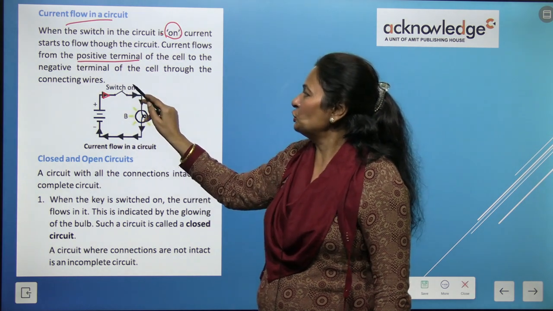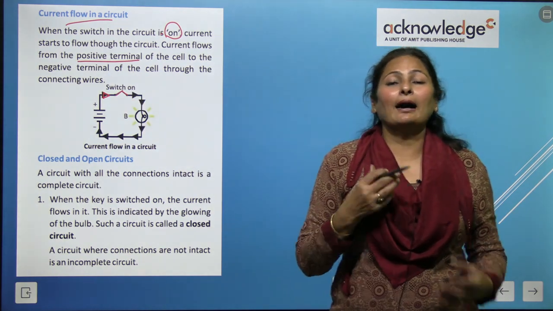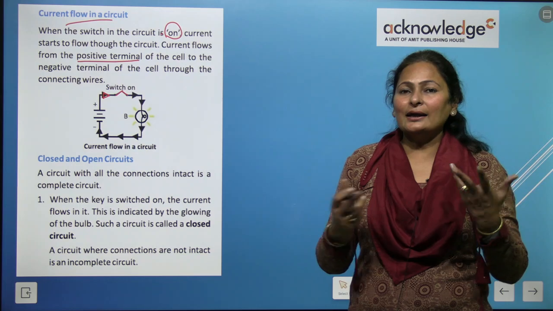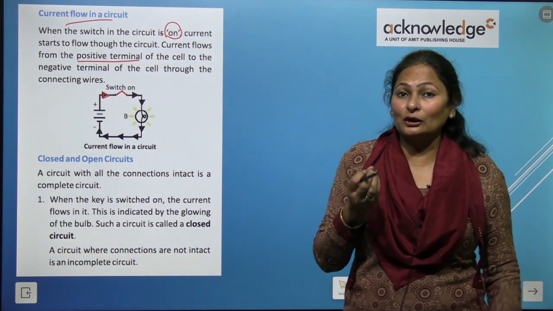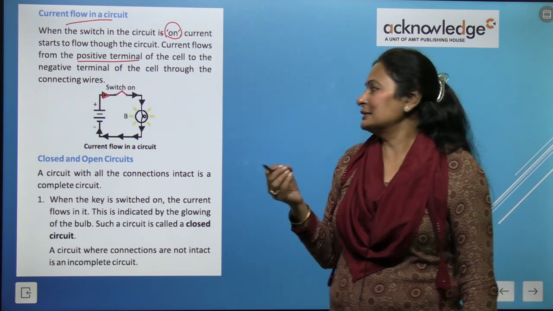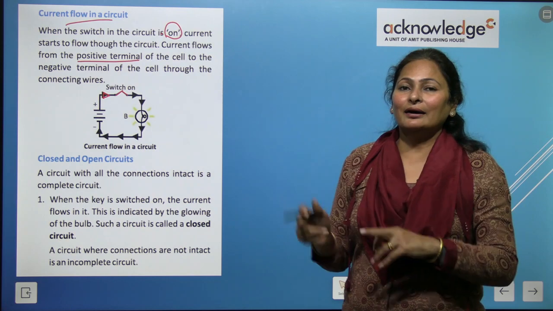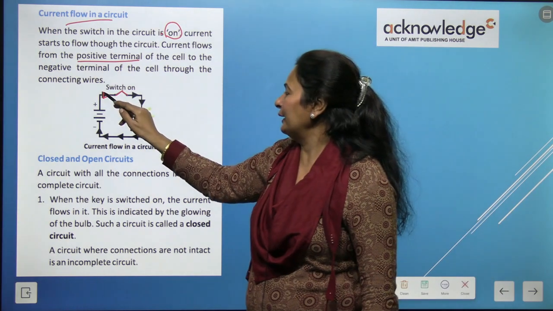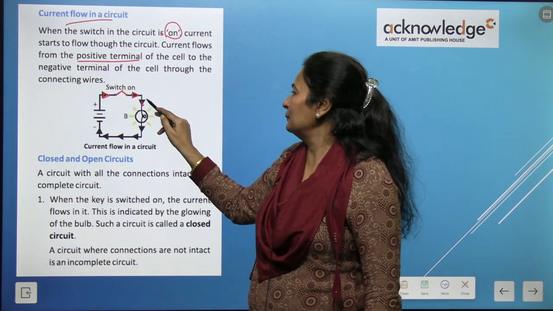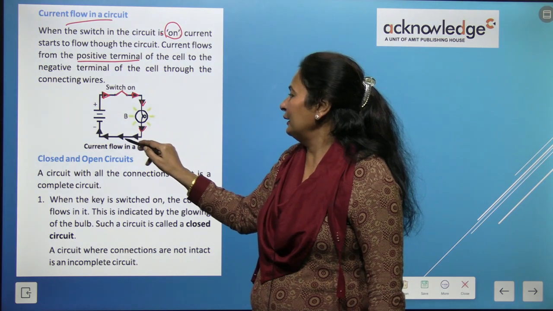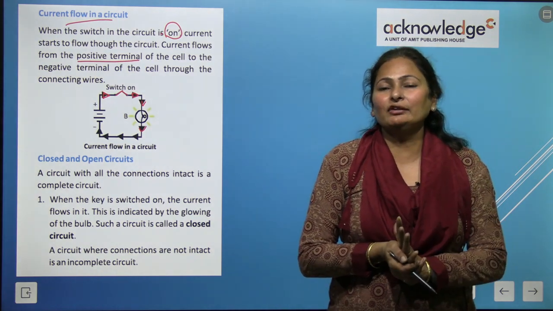And this is showing the switch on because the circuit is completed. The whole circuit is connected, there is no breakage, meaning the circuit is closed, and this closed circuit shows the switch on position, meaning current is flowing. That is why it has been shown with the arrow. It flows from here, then comes here, moves here, and moves towards the negative terminal.